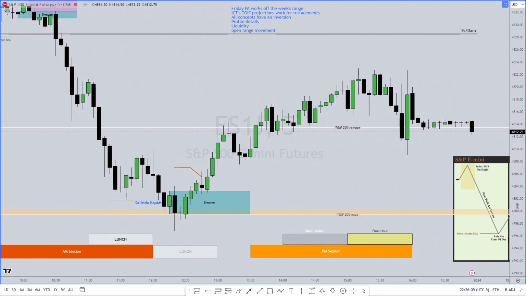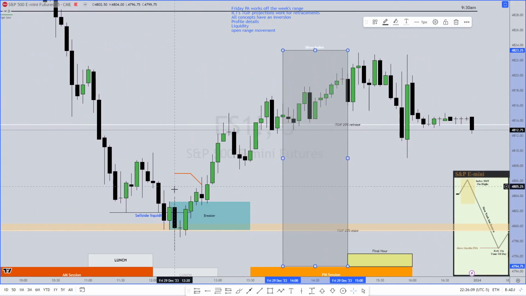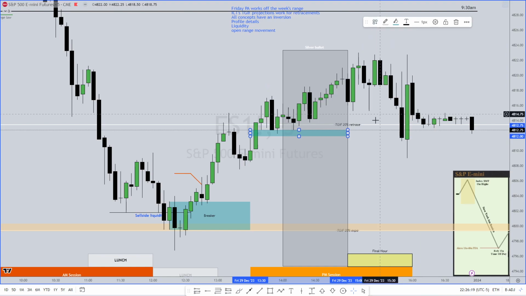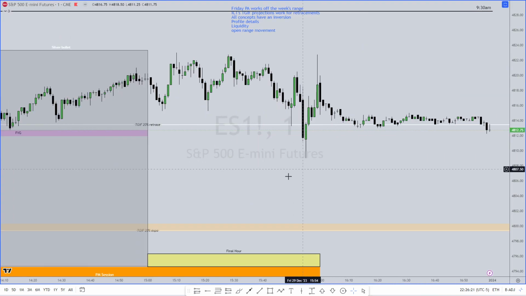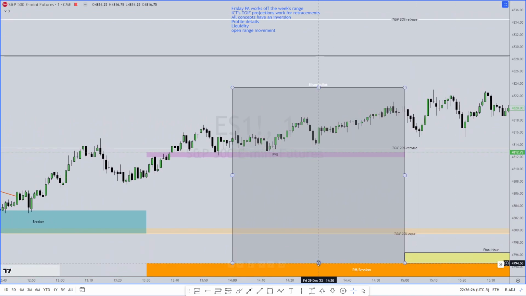So when I push ahead and I'm looking at the silver bullet timing at 2:30, my context is to the left. So this bearish push up here on a 5-minute, I'm framing that fair value gap. And here is our silver bullet window.